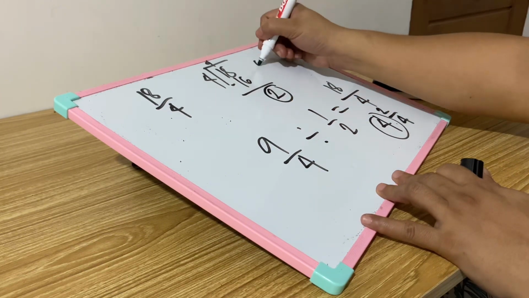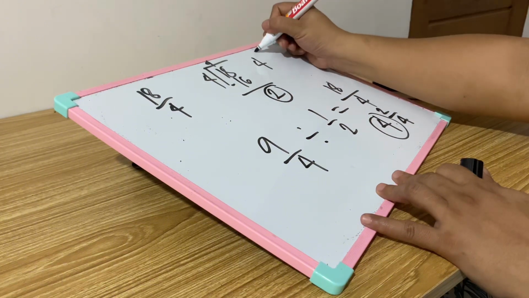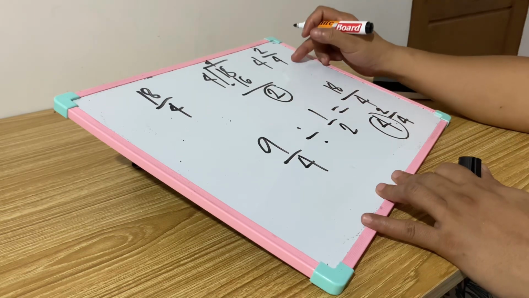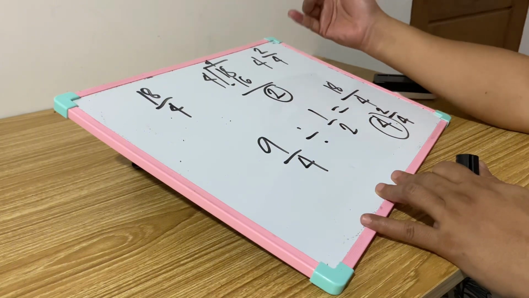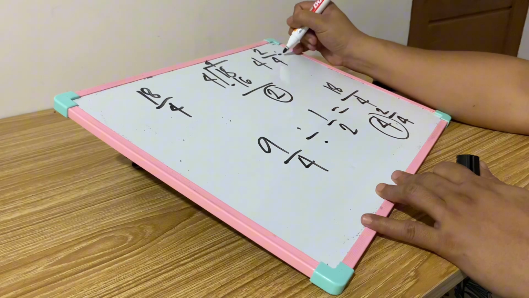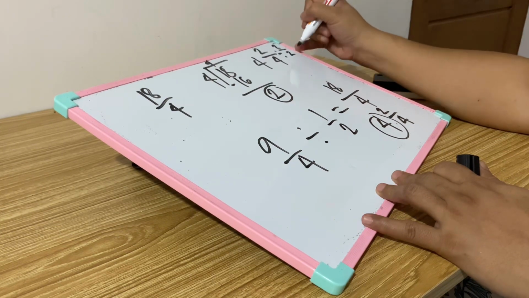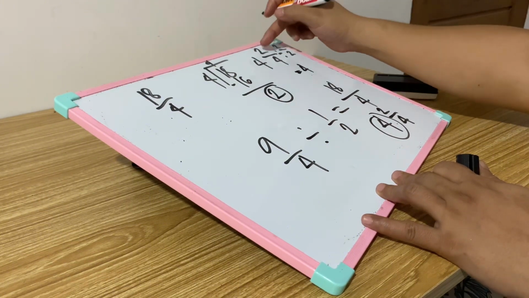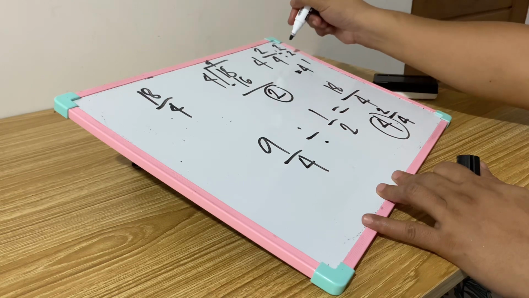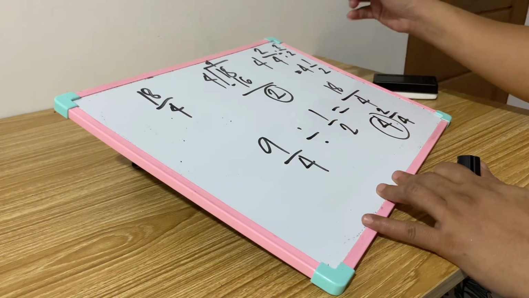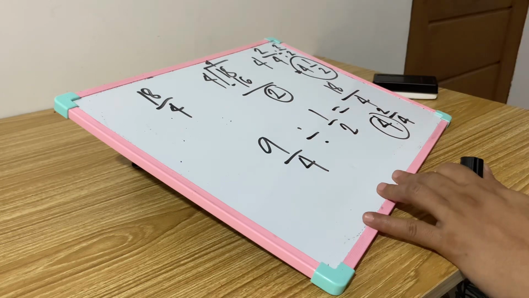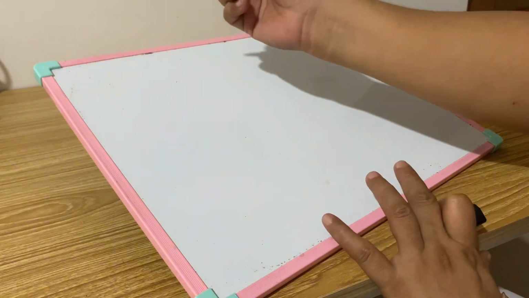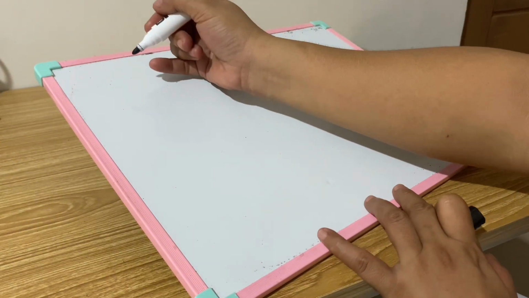So, 4 as the whole number, remainder of 2 over 4. That's the original denominator. But then, 2/4 is not the lowest term. Divide this by 2. 2 divided by 2 is 1. 4 divided by 2 is 2. So, the lowest term is 4 and 1/2. That's the answer.